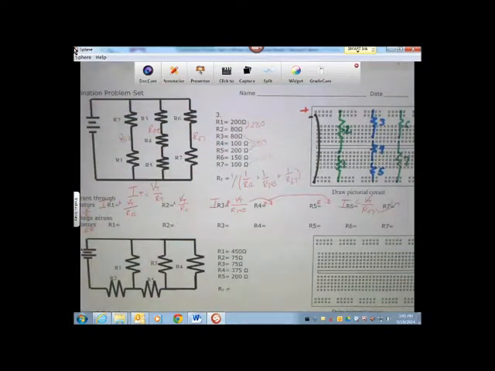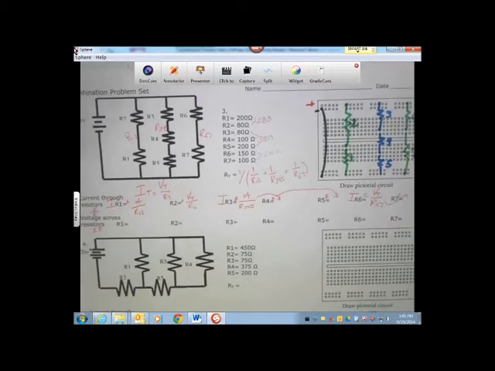Now that I have the current for each branch, I can solve each branch independently as its own series circuit with a 15-volt battery. So my voltage across my resistor is going to be I times R. And so to know the voltage drop of R1, I can use the current from R1 and then the resistance of R1.